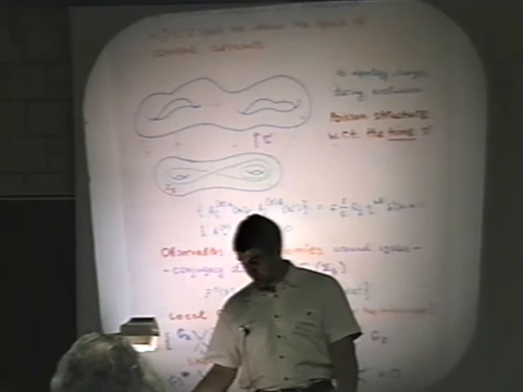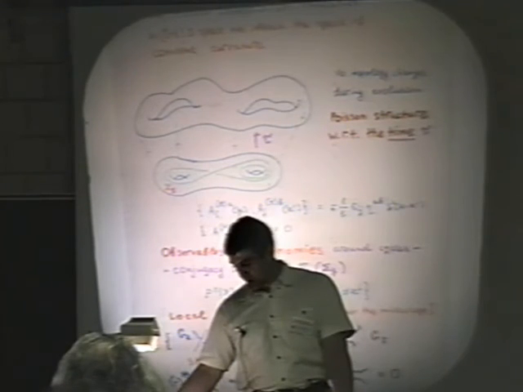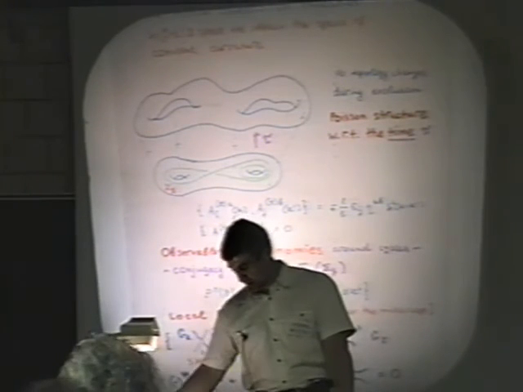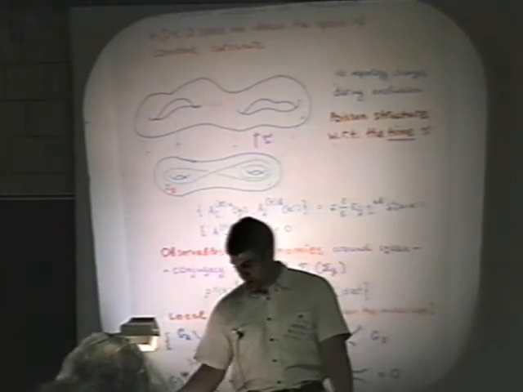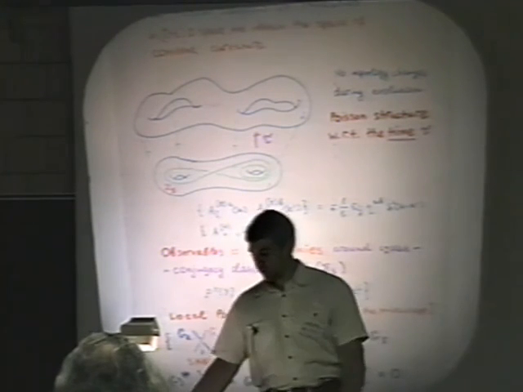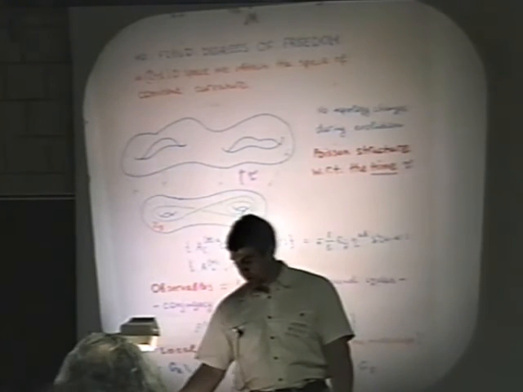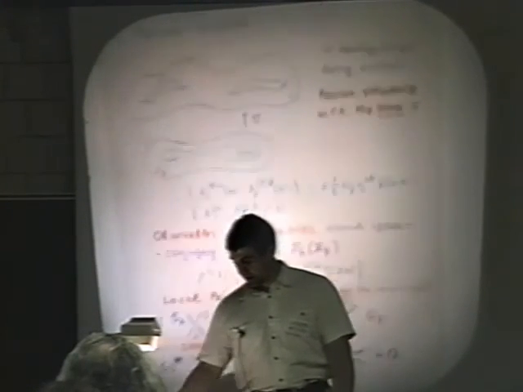And these holonomies in the theory are the exponents of these integrals over gamma cycles.